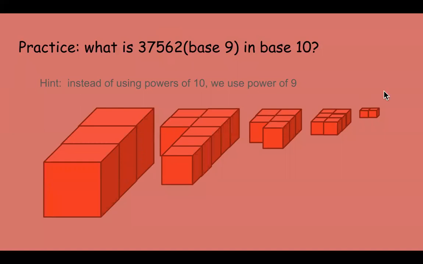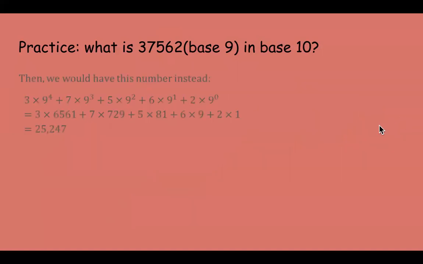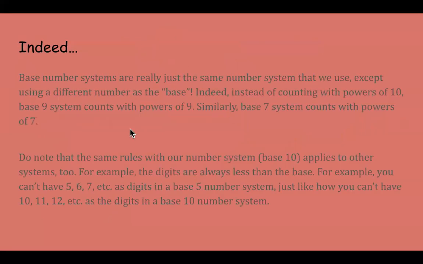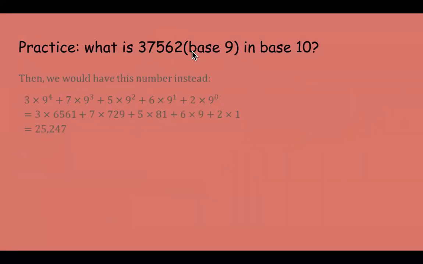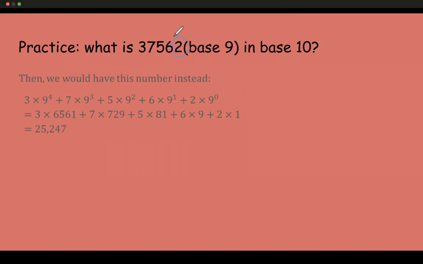So the answer for this question is actually 25247. And why is that? Let me remind you guys of something. Instead of viewing the number by its individual digits, think about it as using the individual digits, such as 2, multiplying the base number to a power.